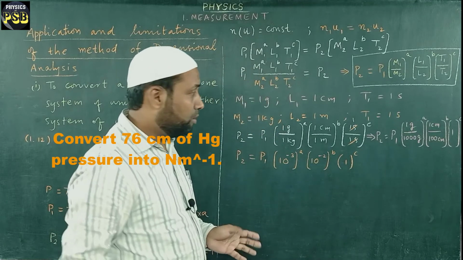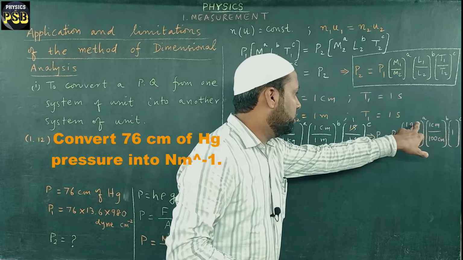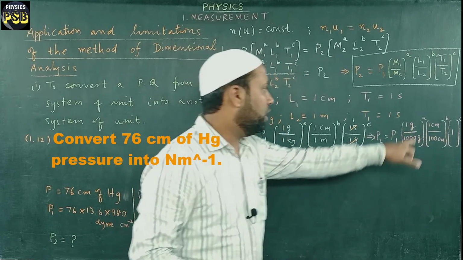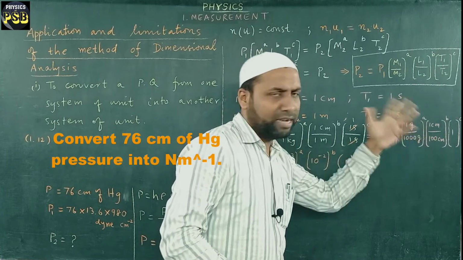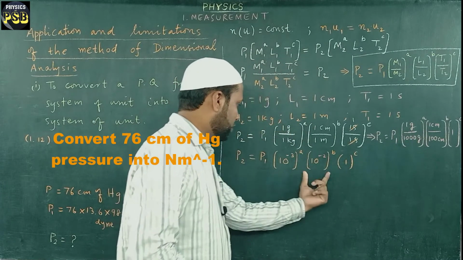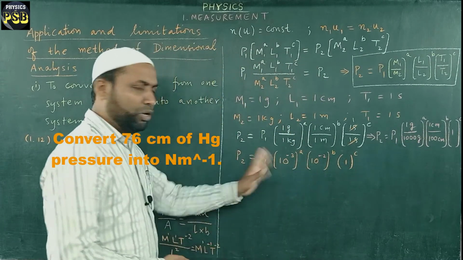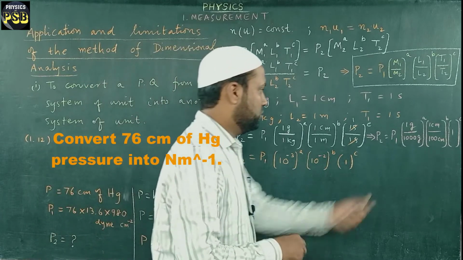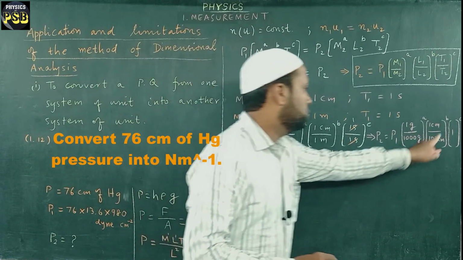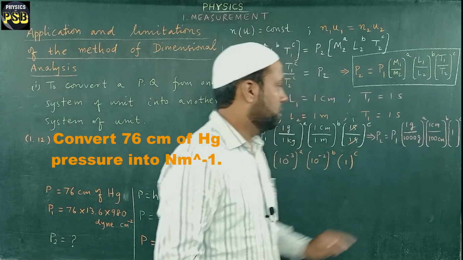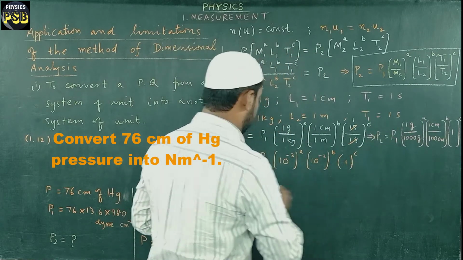Now you may wonder where this gram and centimeter have gone. Here if you divide, they get cancelled, so we have only mentioned the value and the unit is not mentioned. I think you understood. G by G becomes 1, centimeter divided by centimeter becomes 1. Like that you can take it.